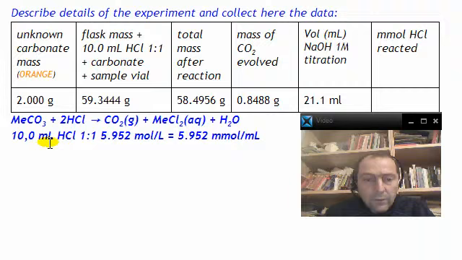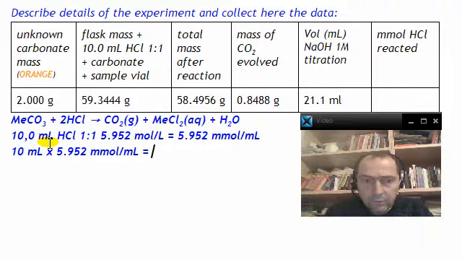So if they used 10 milliliters, this means that they added 10 milliliters times 5.952 millimoles for each milliliter.